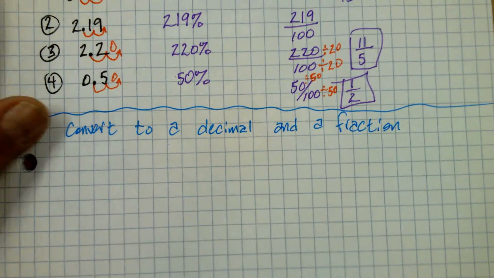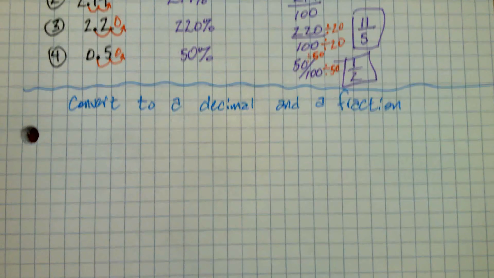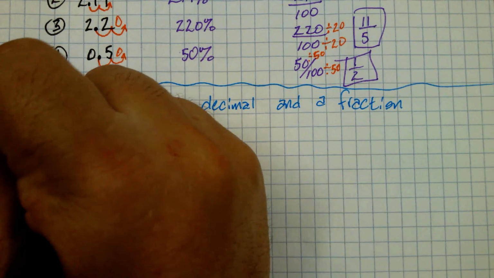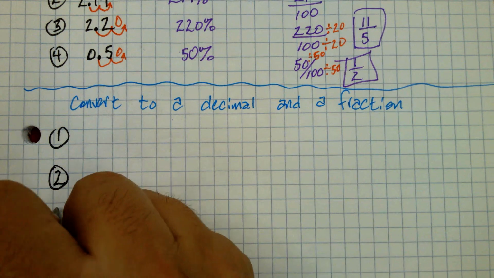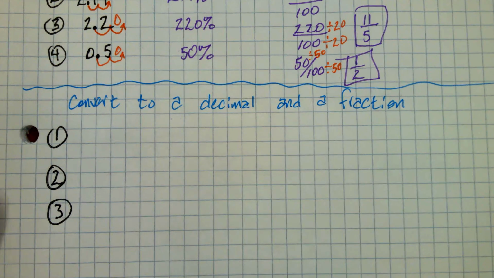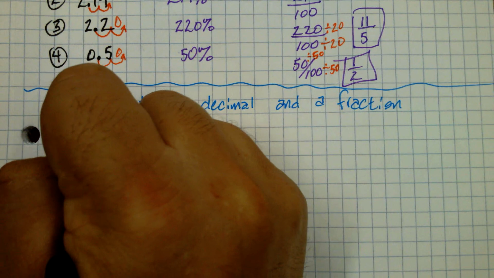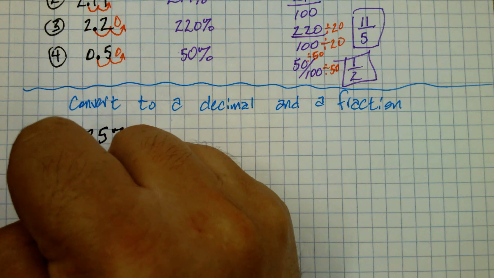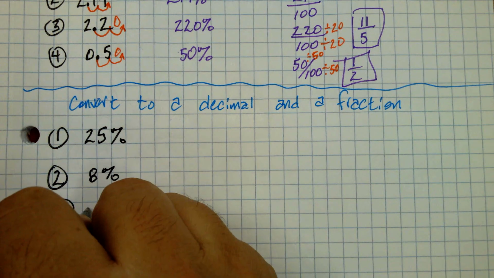And this time we're going to have percents. So we'll do 3 of these. How about that? Number 1, number 2, number 3. We'll do 25%, 8%, and 230%.